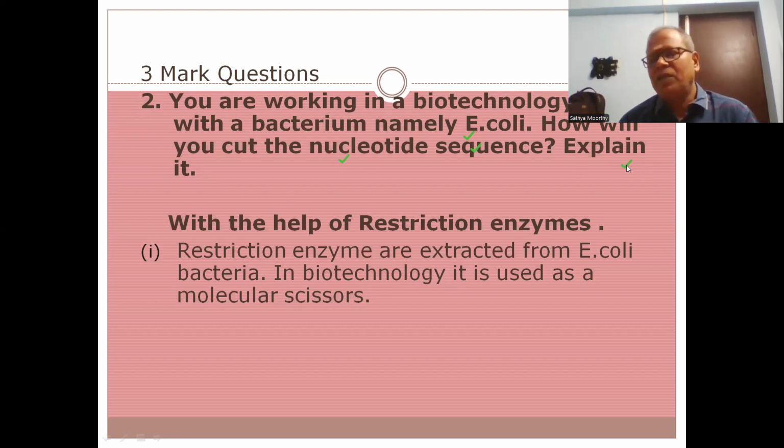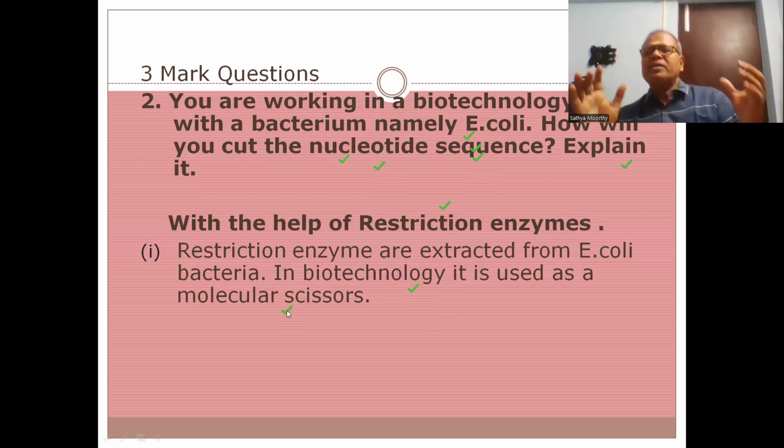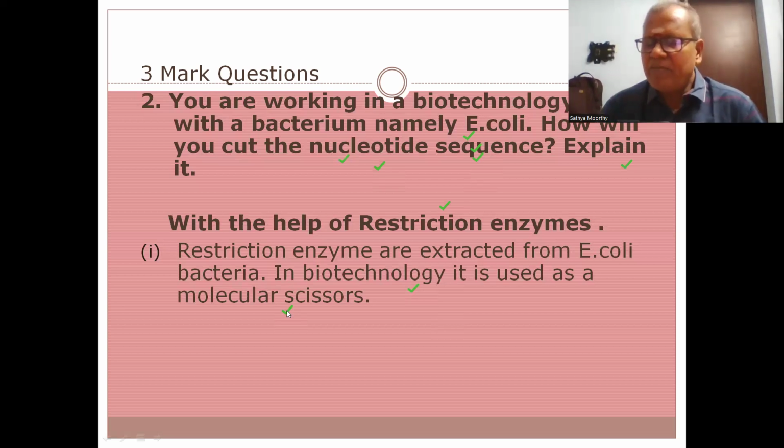Explain it. So if you want to cut the nucleotide sequence, you use the restriction enzyme or restriction endonucleases isolated from bacteria. So with the help of restriction enzyme, I cut the nucleotide sequence. In biotechnology, this restriction enzyme is used as a molecular scissor. And the restriction enzymes are isolated from bacteria.